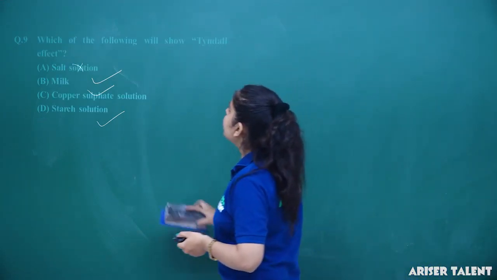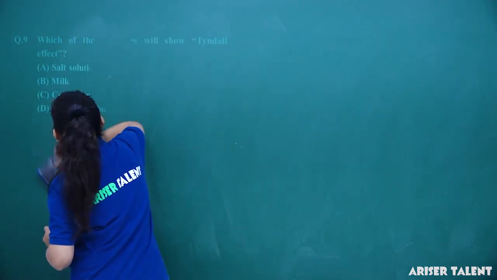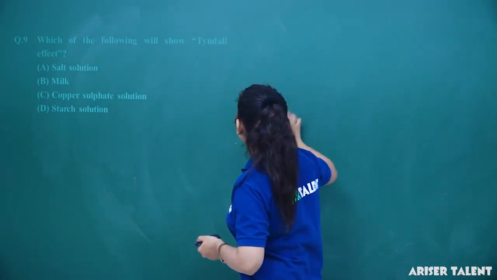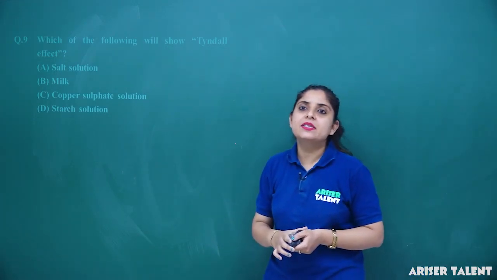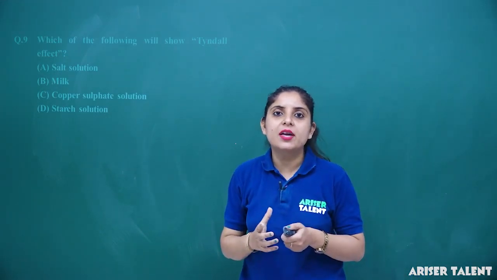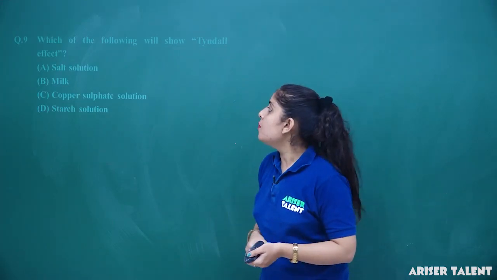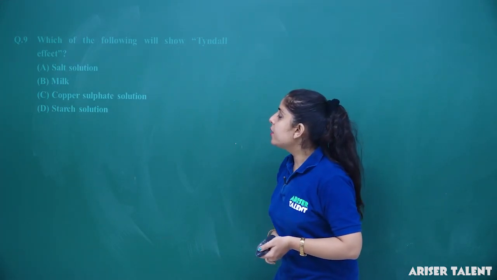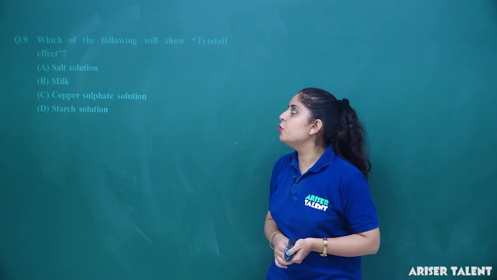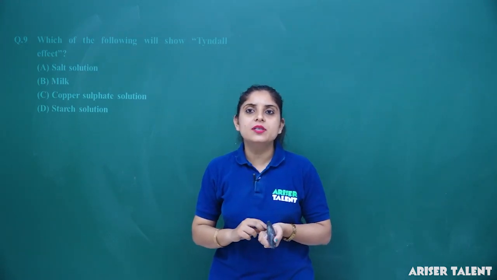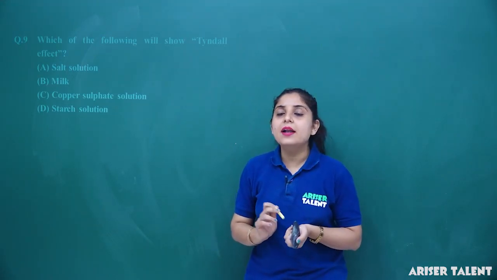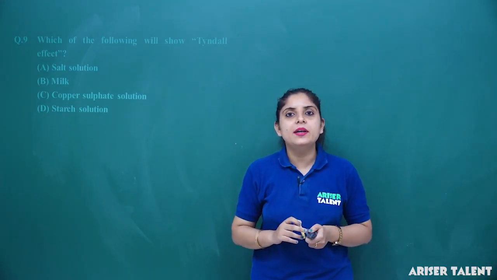Which of the following will show the Tyndall effect? Now in our chapter, we have a discussion about the Tyndall effect, and the Tyndall effect is basically shown by particles which are colloids. Clear? So salt solution, milk, copper sulfate and starch solution. Among all these solutions, there are two colloidal solutions, that is milk and starch, and they are definitely going to show you a Tyndall effect.